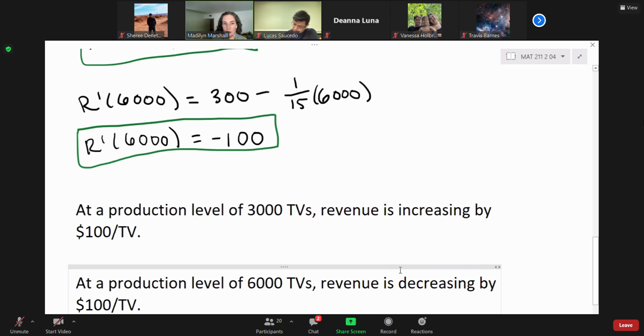So if we are producing 3,000 TVs, revenue is increasing by $100 per TV. So every extra TV we sell, we're increasing our revenue. If we're selling 6,000 TVs, revenue is going to be decreasing by $100 per TV.